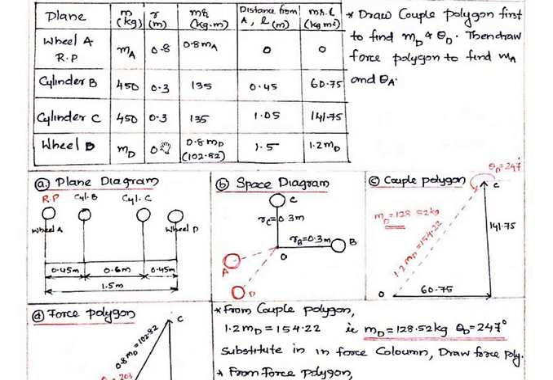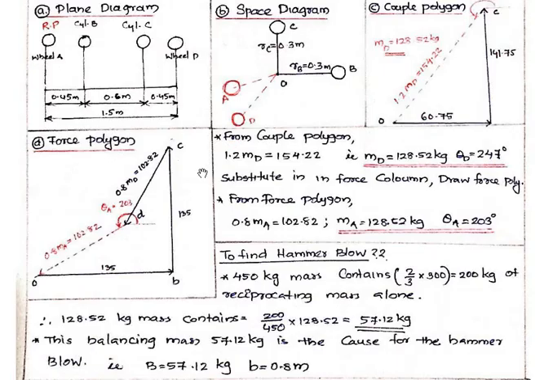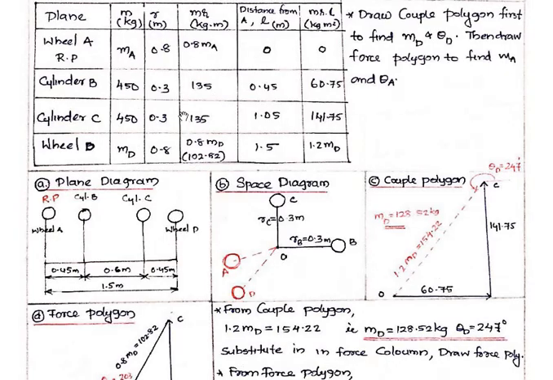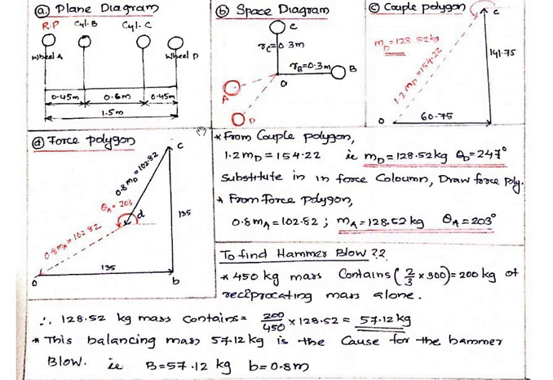Next we can find the value of 0.8 MD. So we get an unknown in the force polygon, that is 0.8 times MD, where MD is 128.52. You will get 102.82. Next step, we draw the force polygon. Same here, 135 and 135.